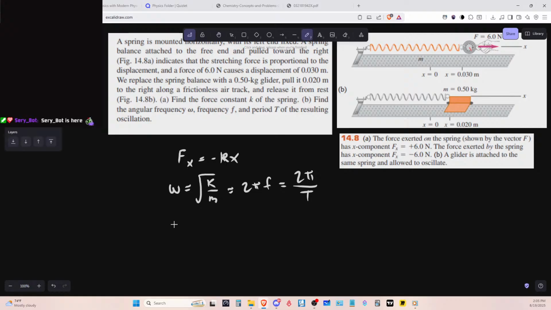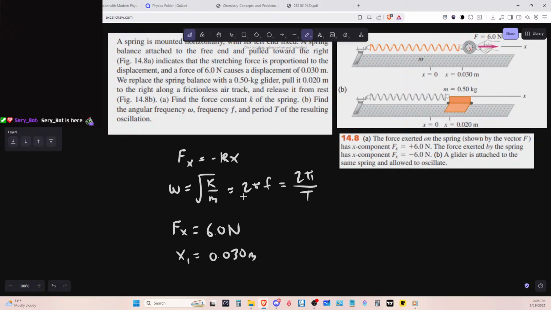The force, 6.0 newtons, and then the first displacement, we'll put that as displacement 1, 0.030 meters. So I'm guessing we're gonna have to use these two to get k here, and then we'll use k to calculate the rest of this stuff.